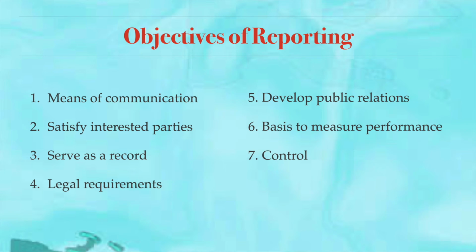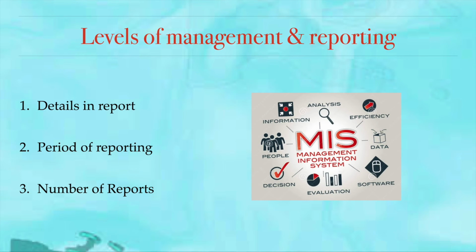Let's say it's about a department that is not functioning so well. So the management can take control over the department, take certain corrective measures, and make sure it controls the progress of the department. Okay, so these are the seven major objectives of management reporting.